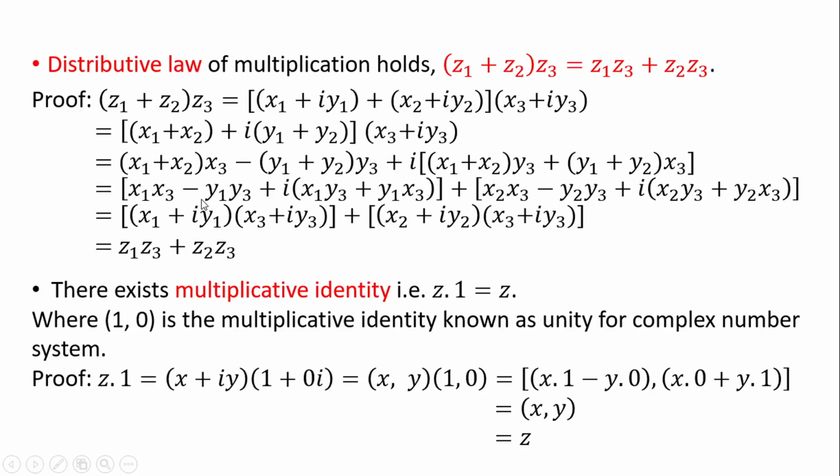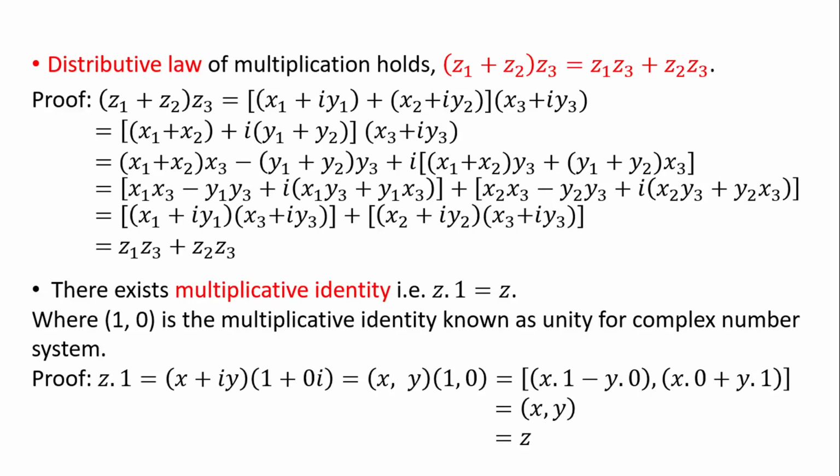Now what is 1? In case of ordered pairs, we can write this 1 as the complex number (1, 0). So the real part is 1, the imaginary part is 0, and it is known as the multiplicative identity, or unity for the complex number system.